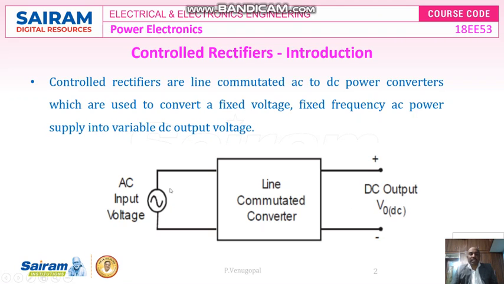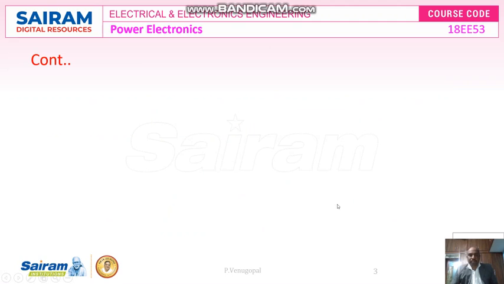So AC to controlled DC conversion is possible by using this AC to DC converter, or rectifier. If you want to control the rectified output, then we go for the controlled rectifier.